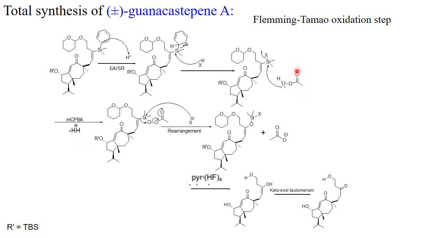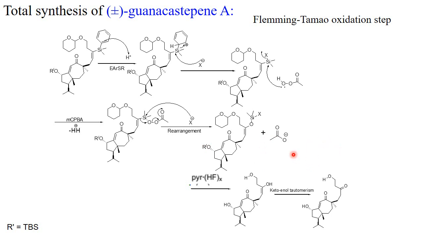Upon reaction with proton, the aryl group is converted to the cation, and X attacks on the silicon atom, which gives us this type of silyl halide. Remember, this type of silyl halide is more reactive than this type of silane compound. So we can say the most stable yet less reactive silane compound is converted to a more reactive silane compound.